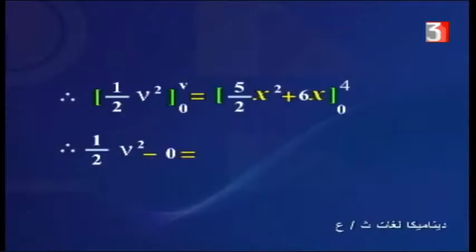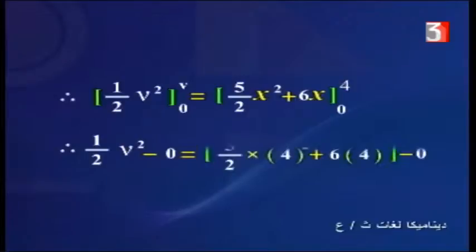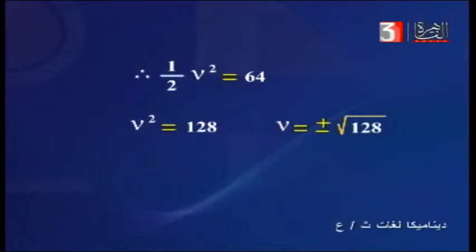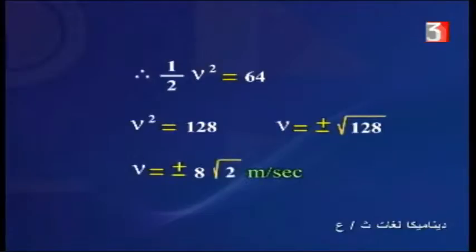And the right hand side equals 5 over 2 times 4 power 2 plus 6 times 4 minus 5 over 2 times 0 minus 6 times 0, which equals 64. Then half v power 2 equals 64. Multiply both sides by 2, then v power 2 equals 128. Then the velocity equals positive or negative square root of 128, which equals positive or negative 8 root 2 meters per second.